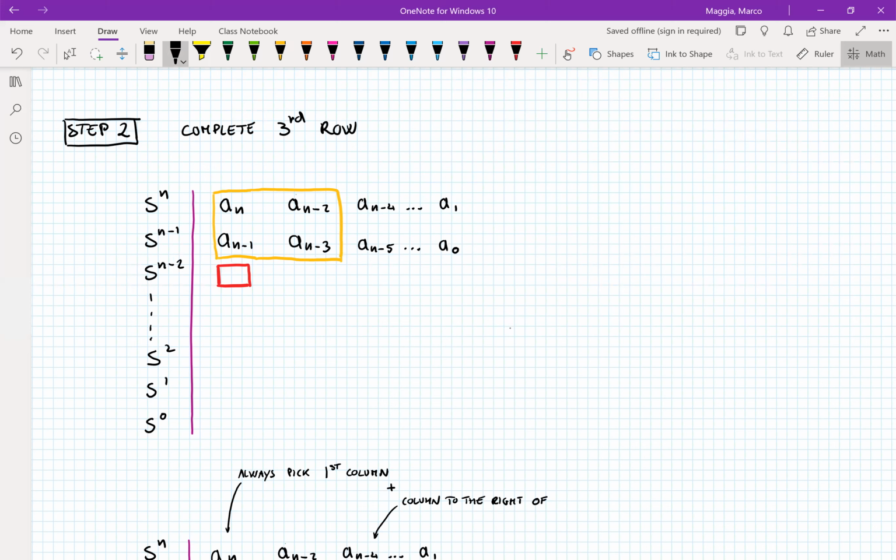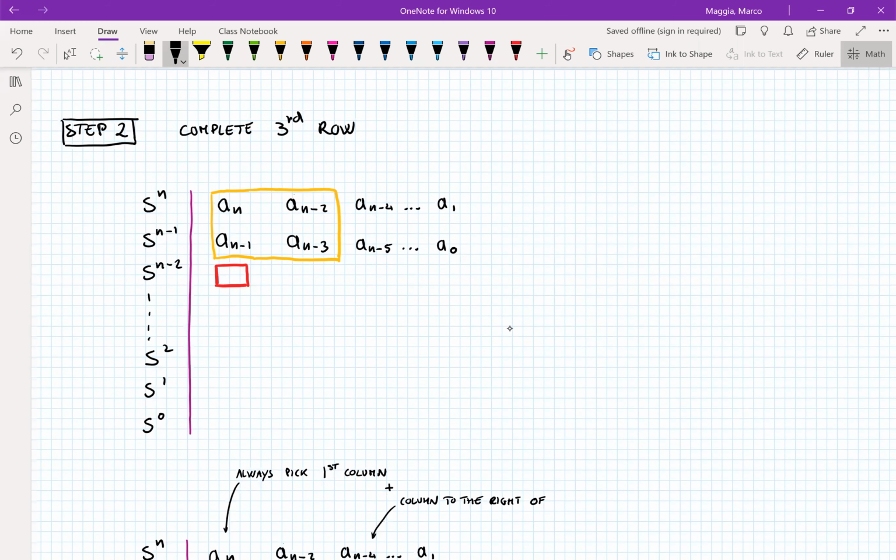So these 4 coefficients will be used in order to find the value in the red box. So how do we do that? We start from a_{n-1}, and we follow an 8-figure pattern, or a figure 8 pattern, I should say.